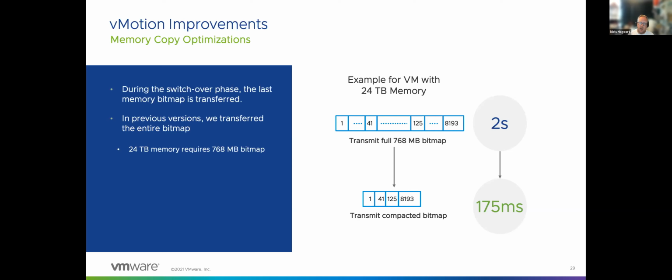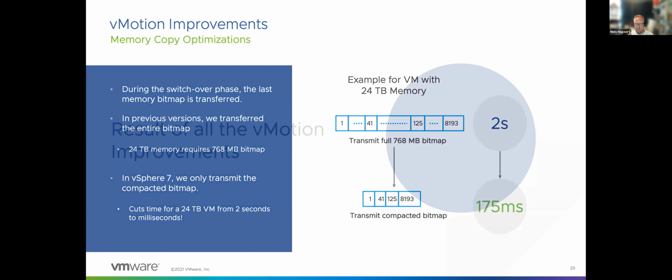Using that same example of a 24 terabyte virtual machine, again, maybe a corner case, but you get the point, we go from seconds to send over that full bitmap to mere milliseconds. So we cut the time really significantly, and by doing so, shorten the switchover phase as well.